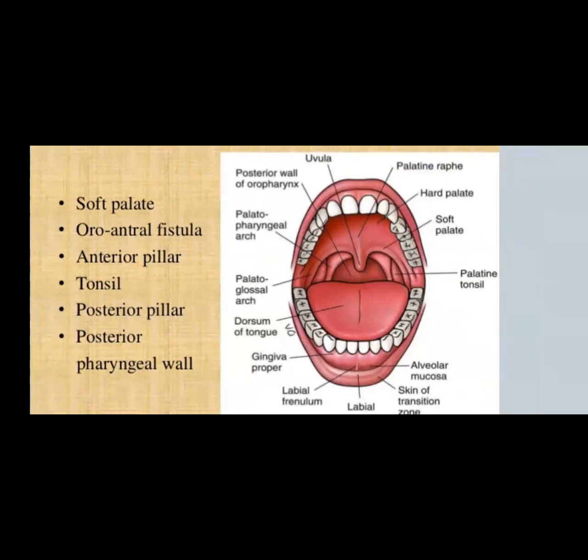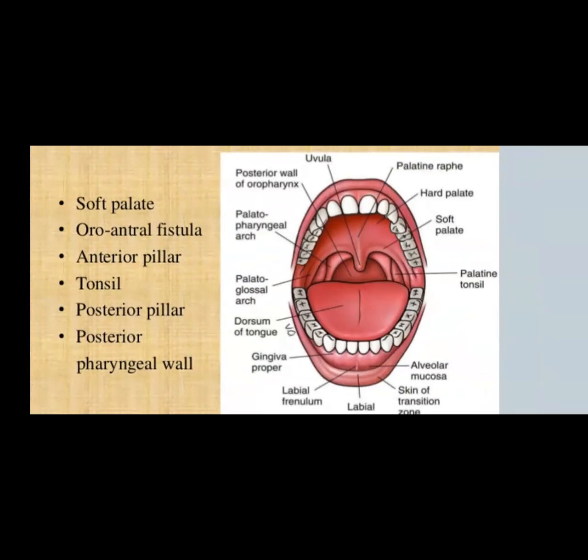I know you would have read through anatomy and you'd be thorough with it. But while examining the patient, you may get confused. So trace the uvula to the tongue. That area is called the palatoglossal arch.